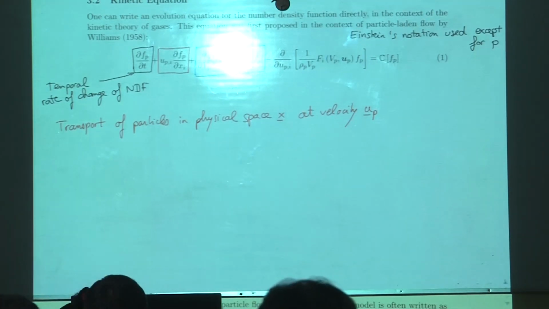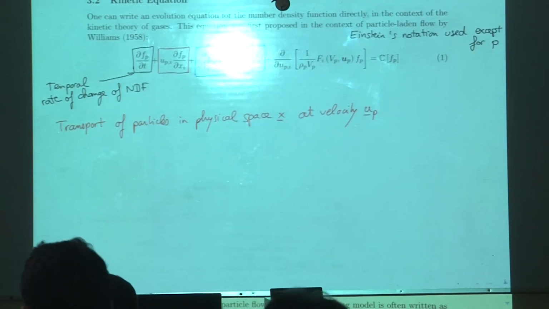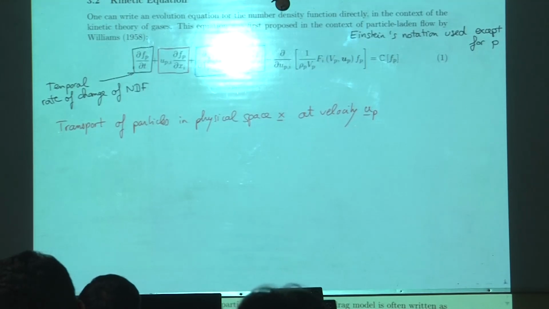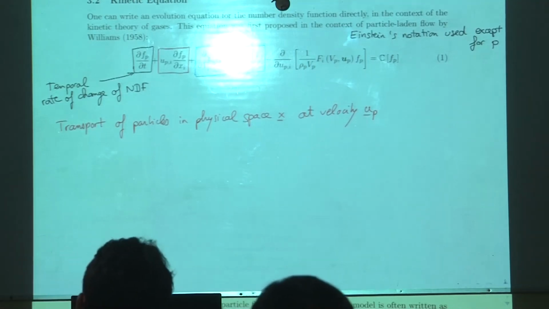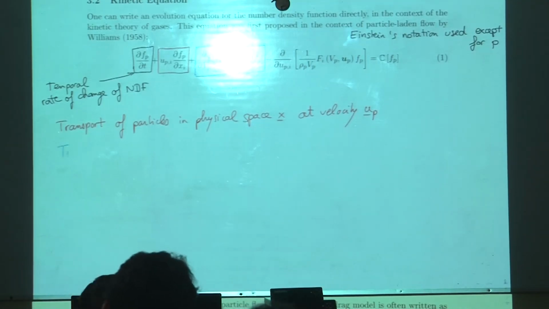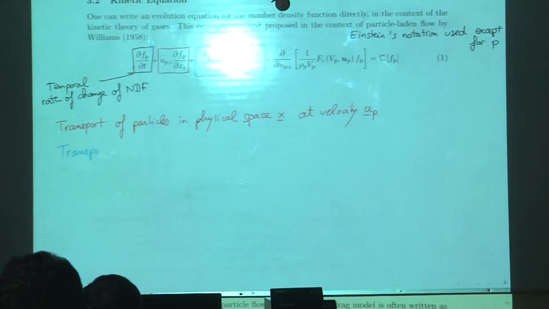So it will essentially tell us that particles are going to be moving from one volume Vp to another volume Vp at a rate that will be controlled by, say, an evaporation rate or a condensation rate or some sort of a growth rate that I wrote here as g as a function of all the other variables that characterizes the particles.